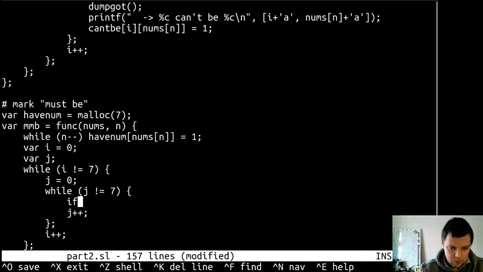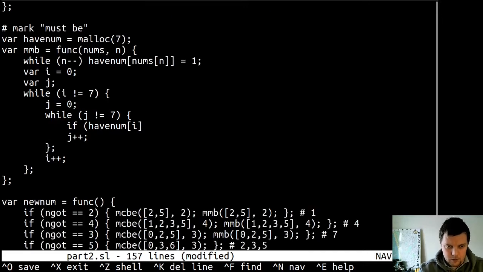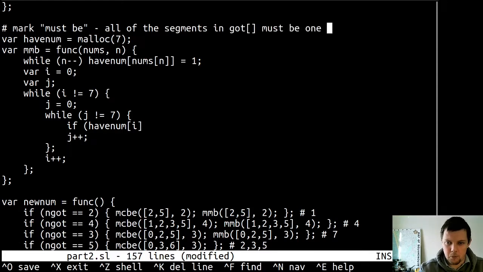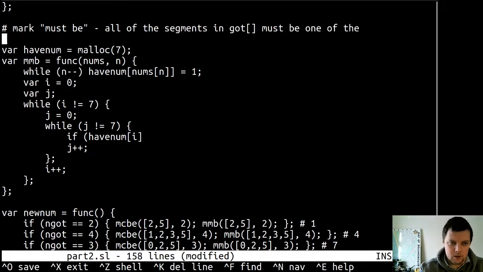So if we have num I, hang on, let's think, what are we trying to do here? Mark must be means all of the numbers in all of the segments in got must be one of the segments named in nums.